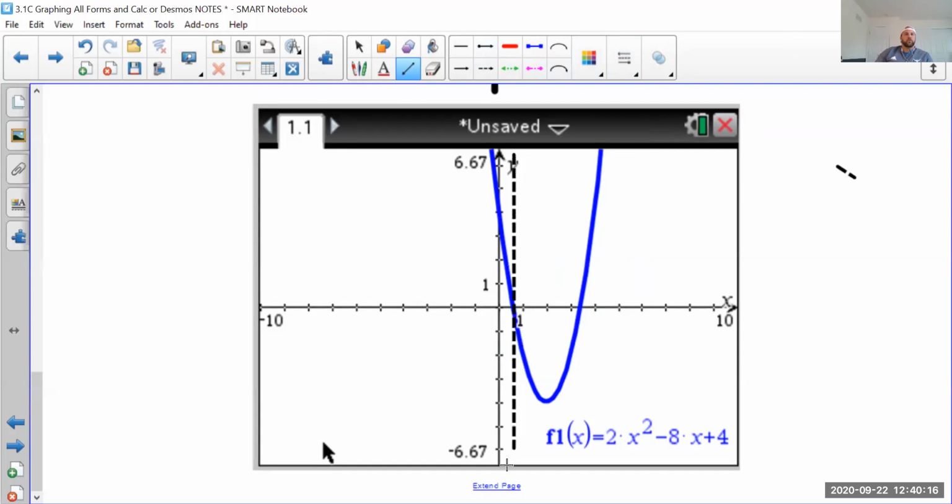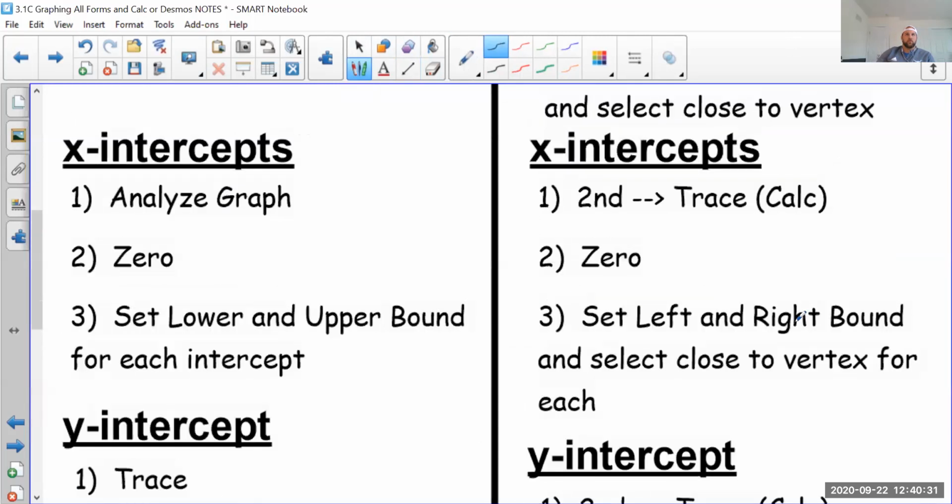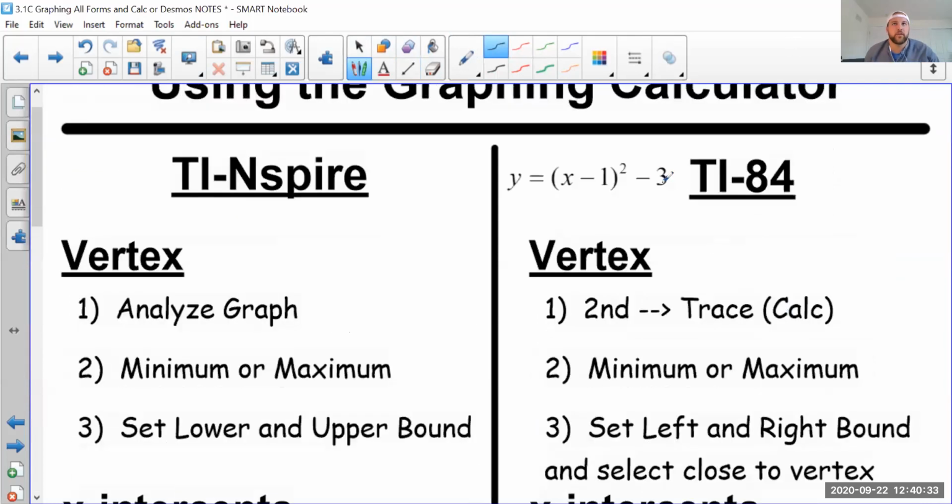You're going to want to put one to the left of the vertex and one somewhere to the right of the vertex. And once you do that, it should give you your vertex right here. If you're doing this one up here, the vertex should be (1, -3). So using your calculator, make sure that you can find (1, -3). That's if you're doing this example here.